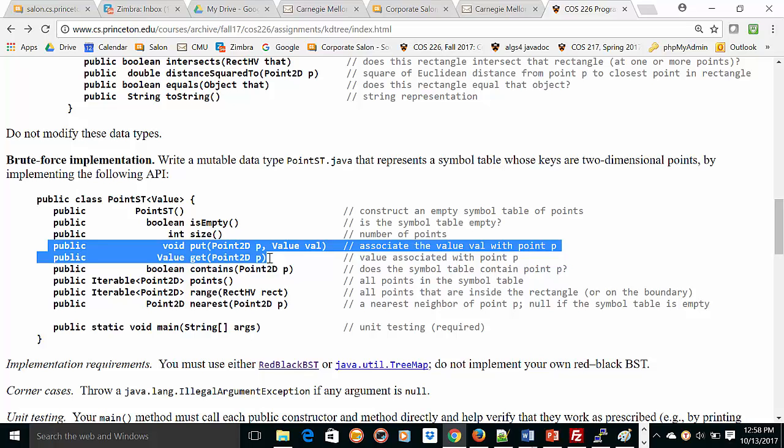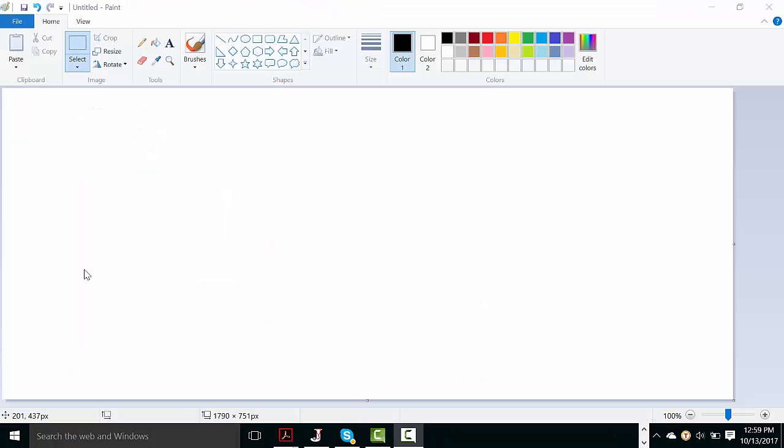So let me explain that using a picture. Let me try to draw a picture to explain how to build this KD tree. To build a KD tree, you need some kind of a node structure.